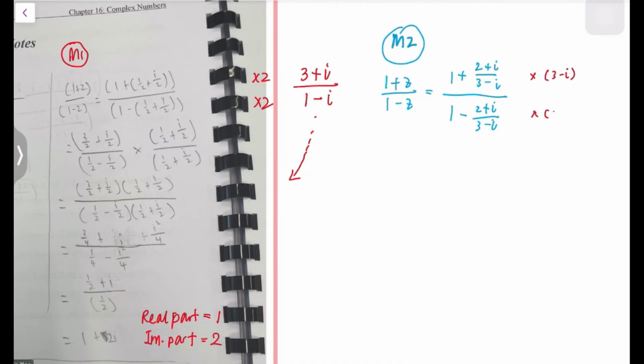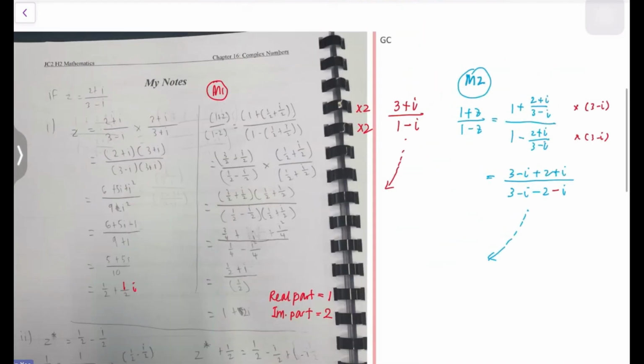Over here, this becomes 3 minus i plus 2 plus i over 3 minus i minus 2 minus i. Then you can do the same to get your final answer. So this will be method 2.